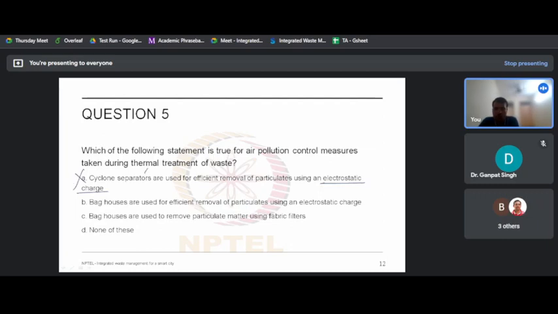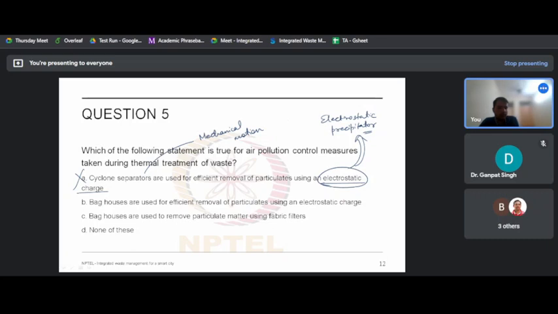So what does a cyclone separator do? Basically, it will have mechanical motion to sediment the different particles or particulates which are present in the pollutant or the fuel. That is how a cyclone separator works. It does not work using electrostatic charge. So what uses electrostatic charge? That is the ESP, also called the electrostatic precipitator.